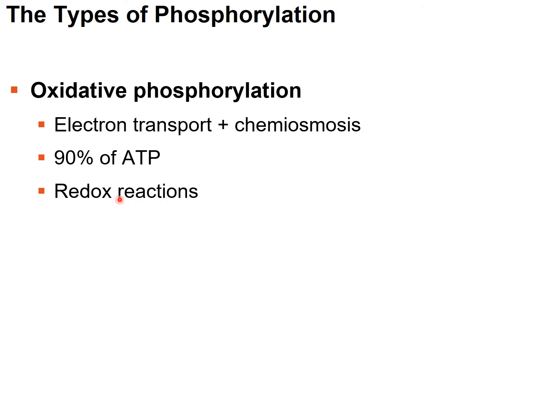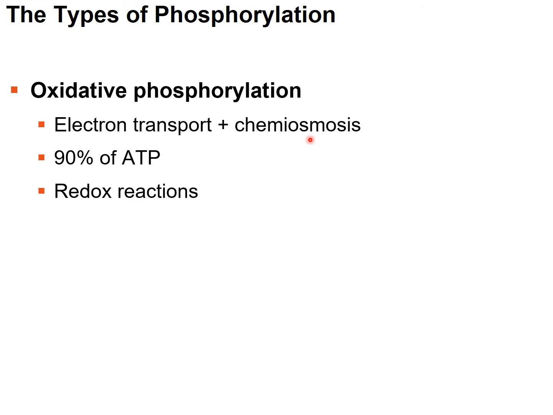Redox reactions are always going to be involved. Oxidative phosphorylation includes two major phases. One of them is electron transport. Remember, I was talking about the electron transport chain. Well, this involves the electron transport chain and what's called chemiosmosis. We'll talk more about that when we get to that step in a separate segment.